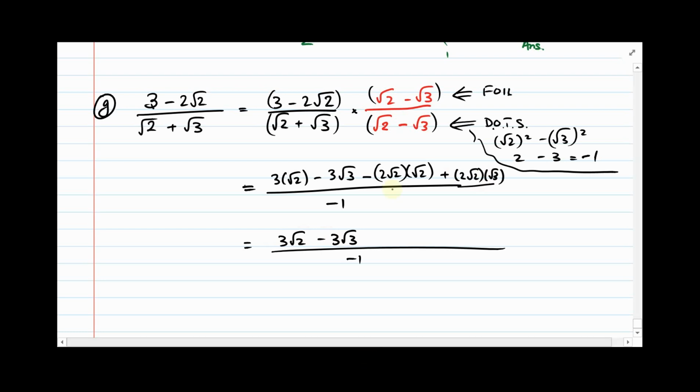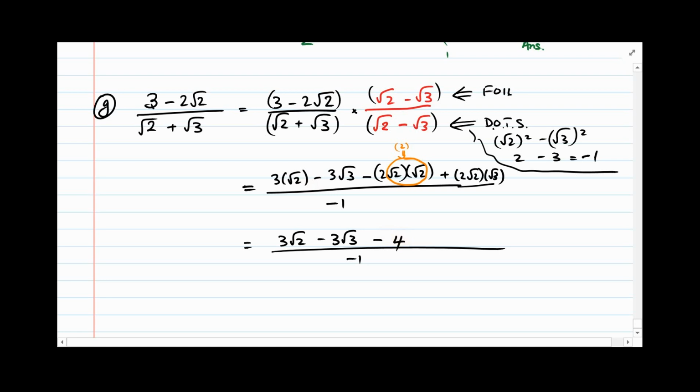Okay, and now if we look at these, what do we end up with here? This is nothing more than 2. So 2 times 2 is 4. So this inner term is 4.